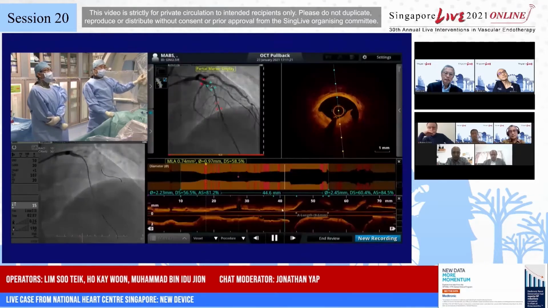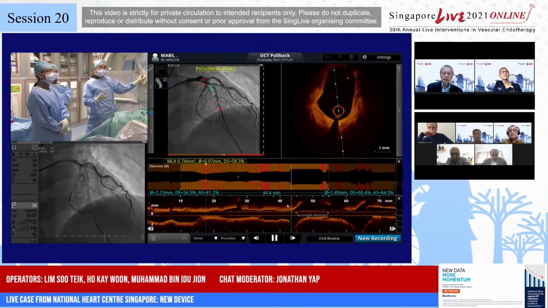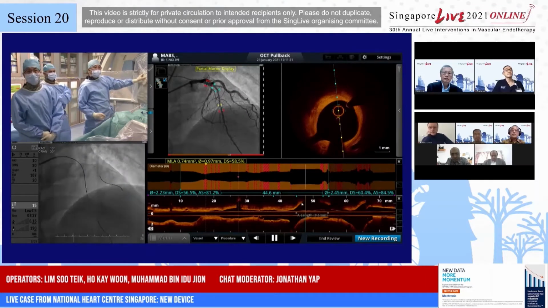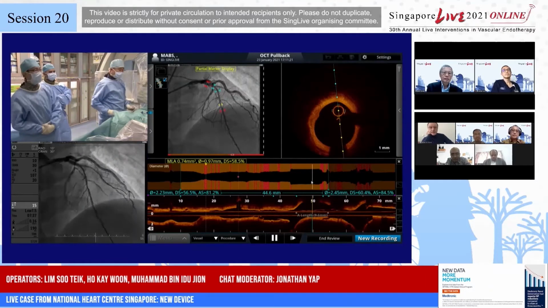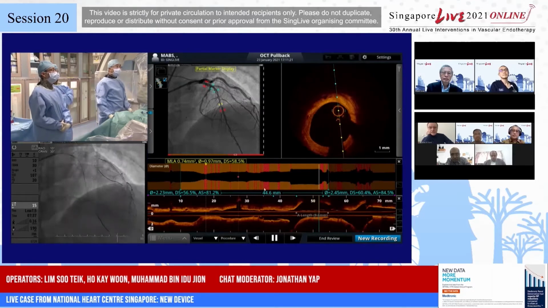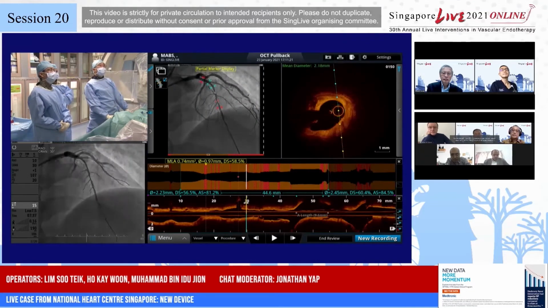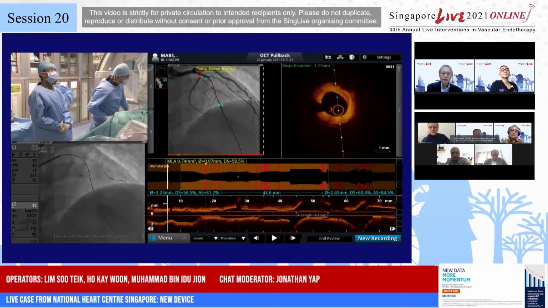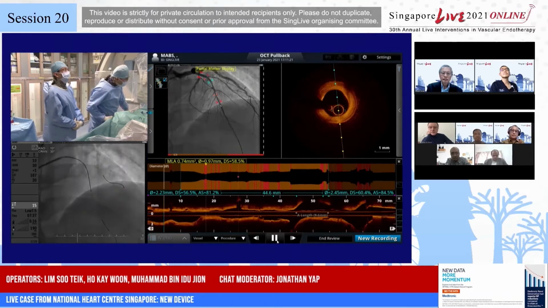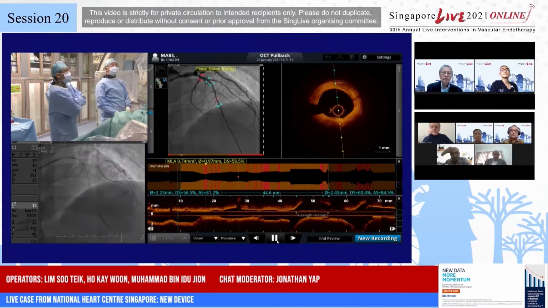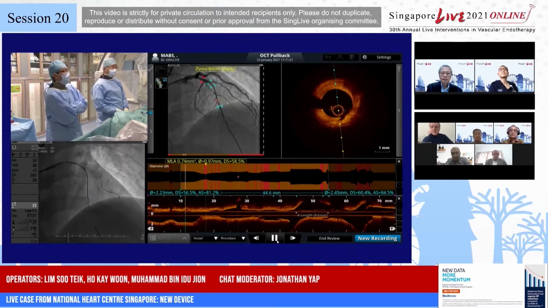So maybe we show the OCT. This is the OCT that we have done with co-registration. We were distal to the tightest portion in the mid-LAD.